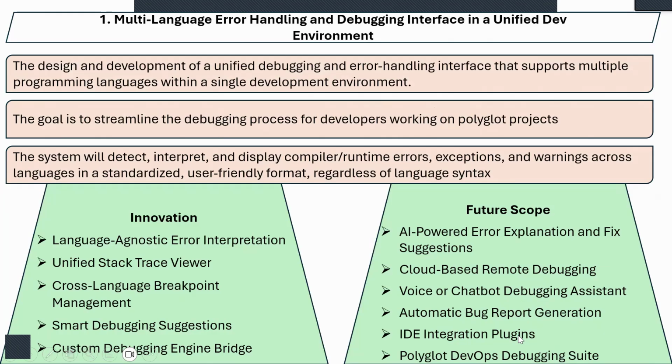IDE integration plugins. So it develops plugins for VS Code, Eclipse or JetBrains IDEs to bring multi-language debugging to popular tools. Finally, Polyglot DevOps debugging suite means it integrates with CI/CD pipelines to track and debug build errors across different language stages.